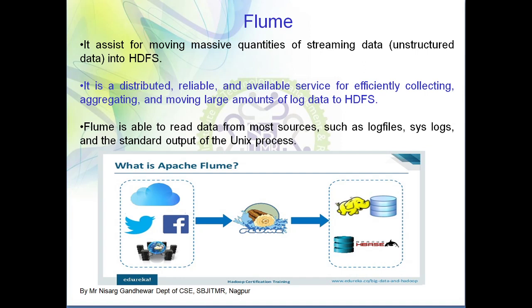From that log you can do the analysis of the data. So in order to analyze the data, that log data has to be stored somewhere. Log data can be stored into Hadoop HDFS, and then you can do the analysis.